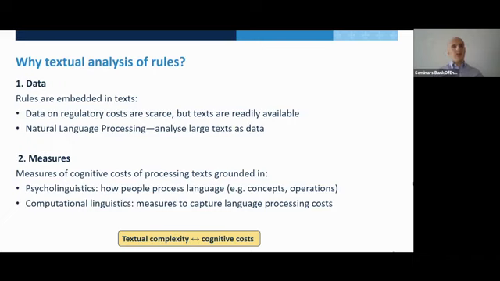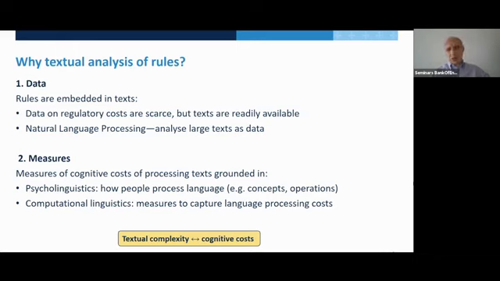The data we used here is rules, so regulations which were acquired from different materials, from websites, from PDFs, and so on. What's new is that we actually created this data set, so it's the first time this data set was used. Data on regulatory cost is scarce, but texts are readily available. Texts of regulations are publicly available, and that's what we used here.